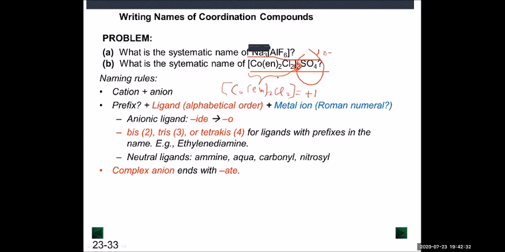The en is a neutral ligand. 2 chlorides give you 2 negative charge. So finally, the cobalt should be 3+ charge. And once you know the 3+ charge, you can name the compound.